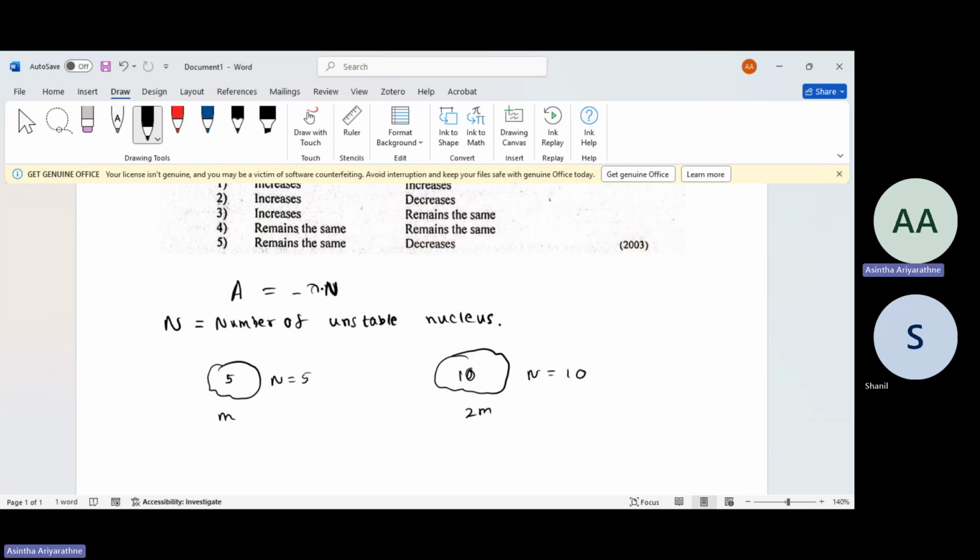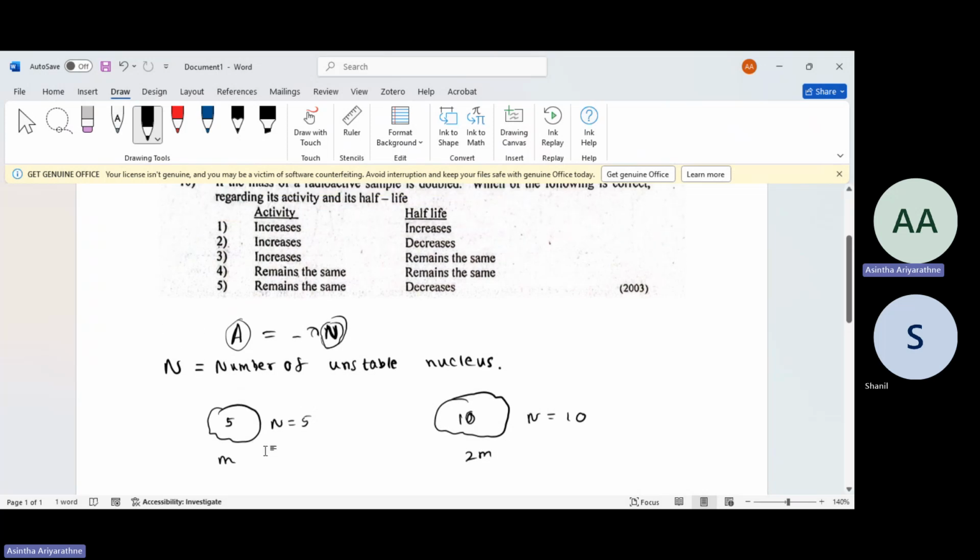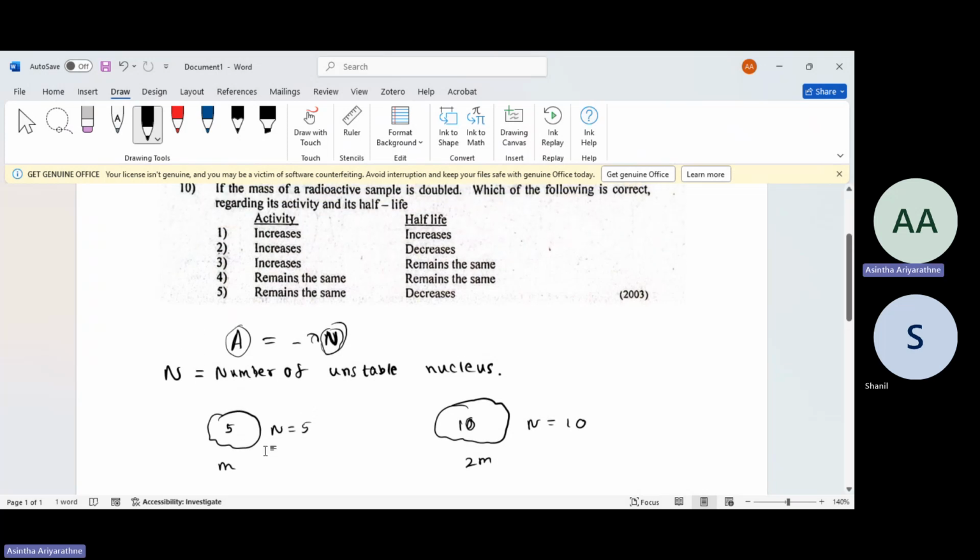So when N changes, A changes, activity changes. When the number of unstable elements in the sample changes, activity changes. So A increases, but half-life remains the same. Third one: activity increases, half-life remains the same.